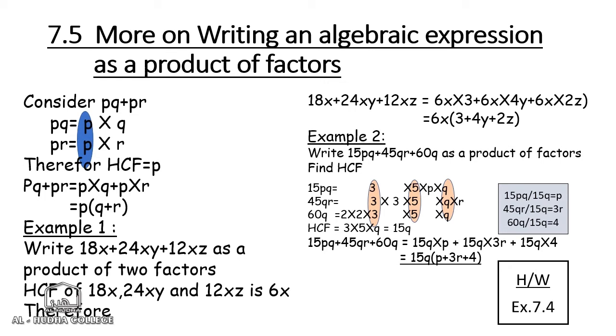So what you do, you write 18x, you will break it into multiplications, right? 18 can be written as 2 into 3 into 3, into x. Then 24 will be written as 2 into 2 into 2 into 3. 12 can be written as 2 into 2 into 3.